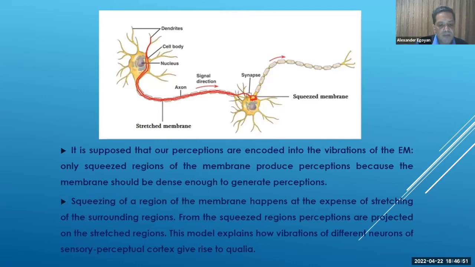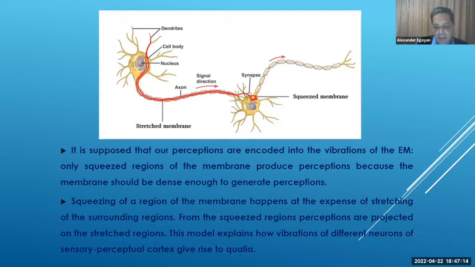Only squeezed regions of the membrane produce perceptions because the membrane should be dense enough to generate perceptions. Squeezing of a region of the membrane happens at the expense of stretching of the surrounding regions. From the squeezed regions, perceptions are projected onto the stretched regions.